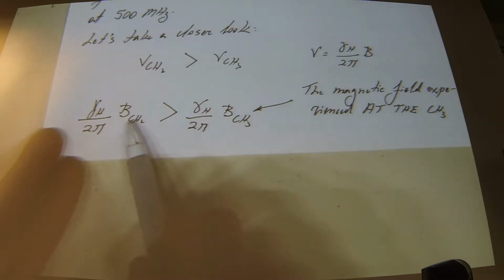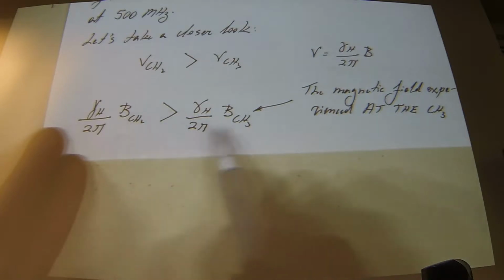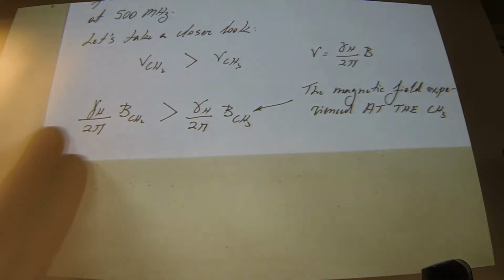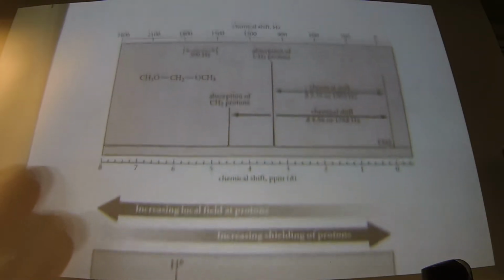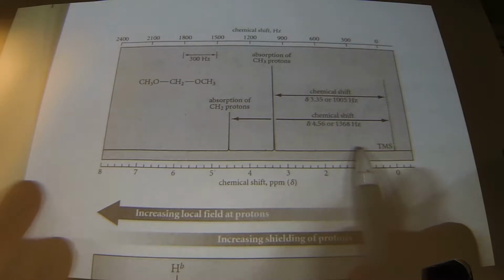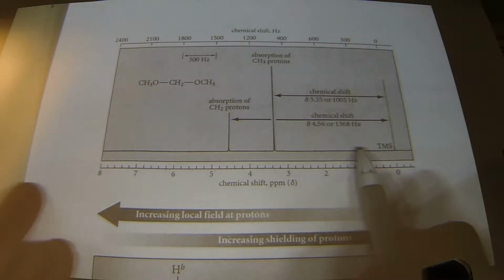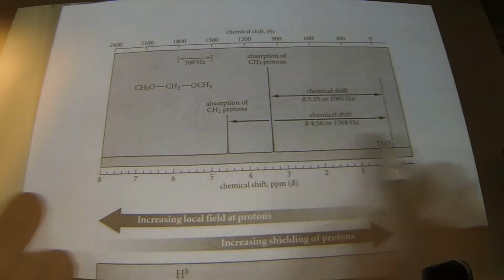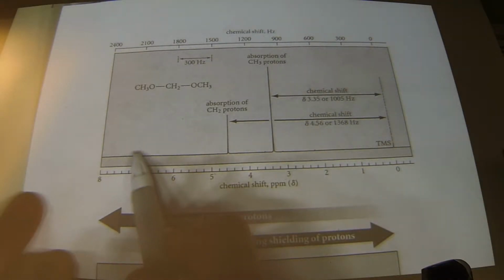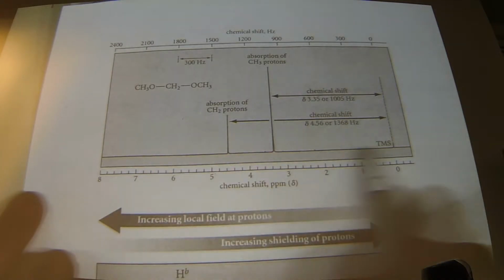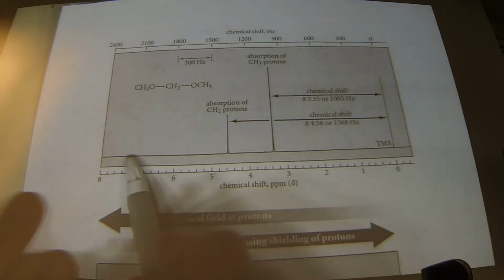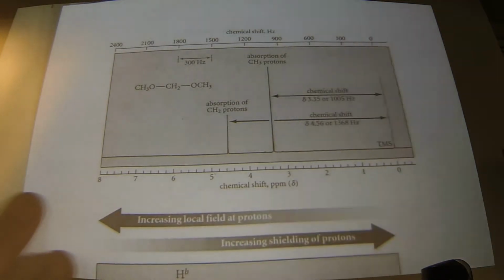That means the magnetic field experienced by the CH2 is greater than the magnetic field experienced by the CH3. This is going to be true for any peaks on the spectrum. Peaks that appear here experience a smaller field than the ones that appear here. So as I go from right to left, the field increases.